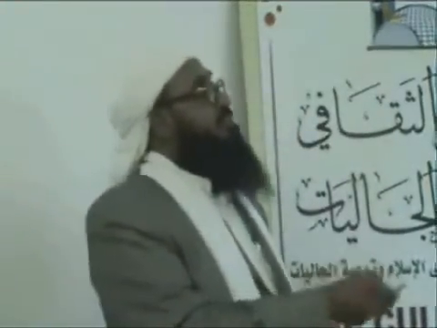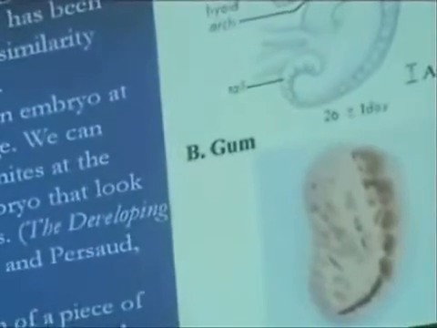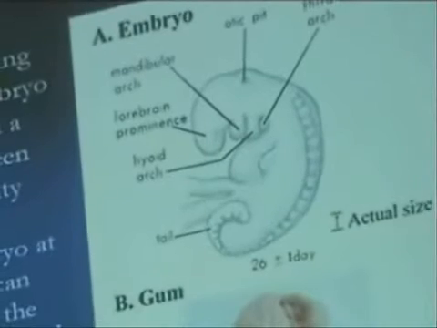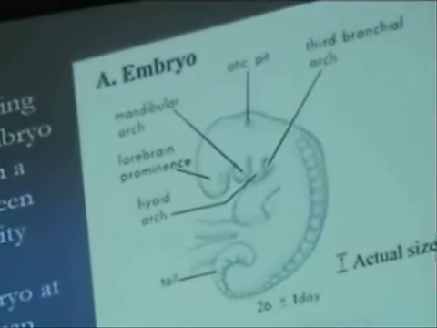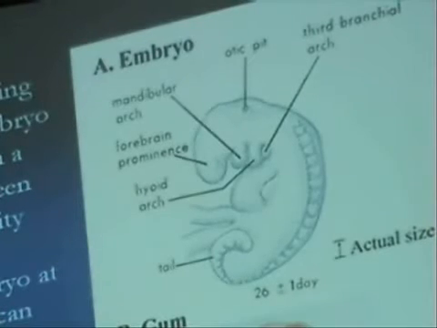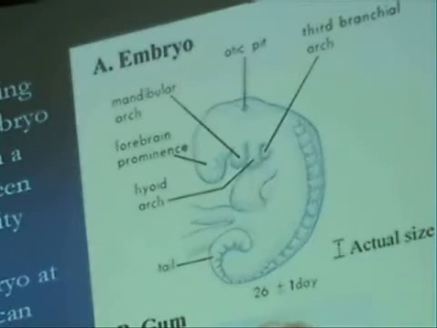Now, we have this picture. This is the stage of mudghah that we discussed last lecture. It is only like a chewed substance, a few millimeters in size.